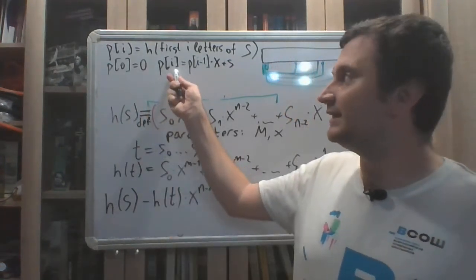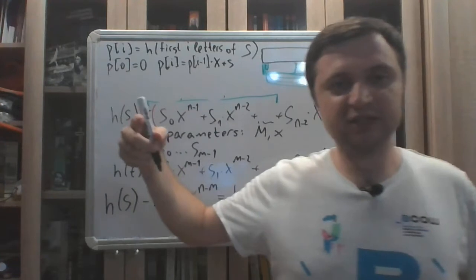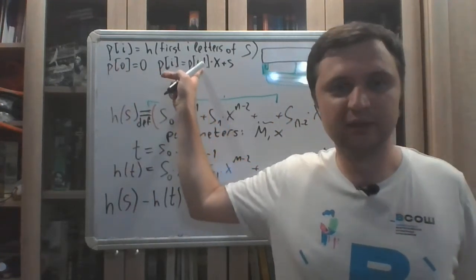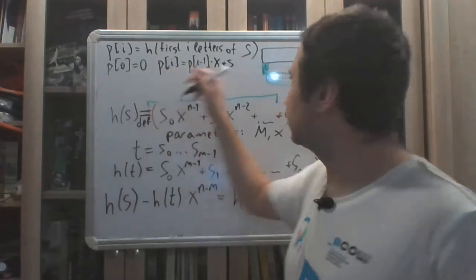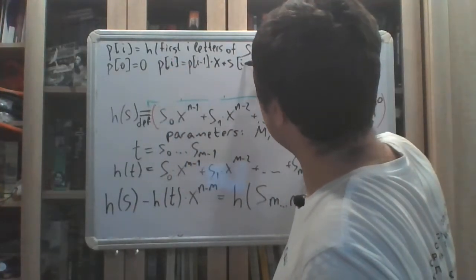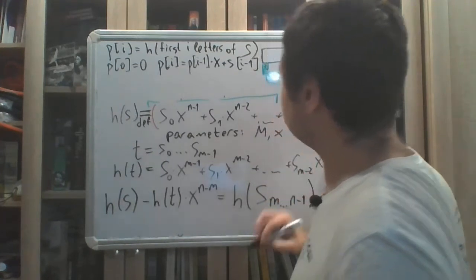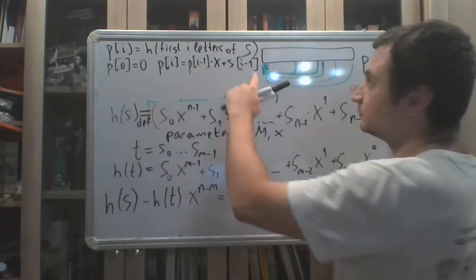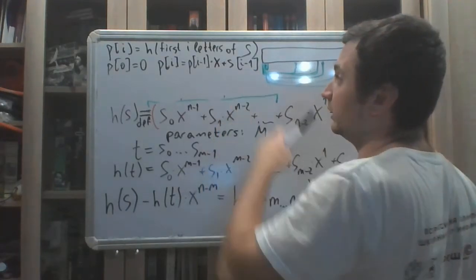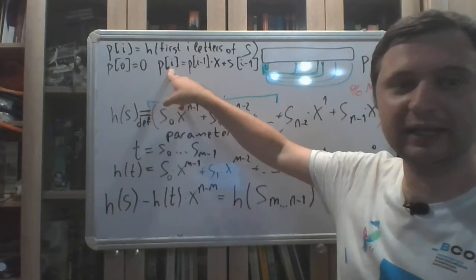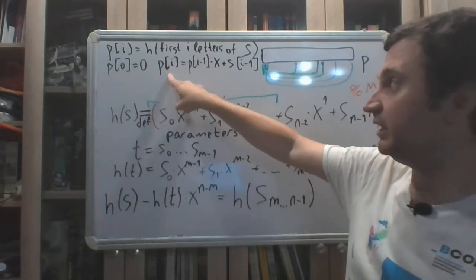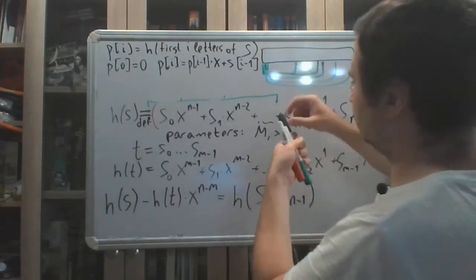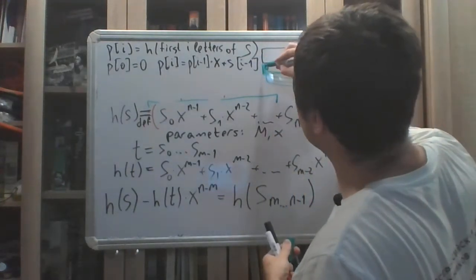We need the letter that is present in the prefix of length i and is not present in the prefix of length i minus 1. So the last letter of this prefix has index i minus 1, and it's important. In programmer enumeration from 0, I use i minus 1. Indeed, it's very good because, to check, let's take P of 1: P of 1 should be the hash function of the prefix of length 1.